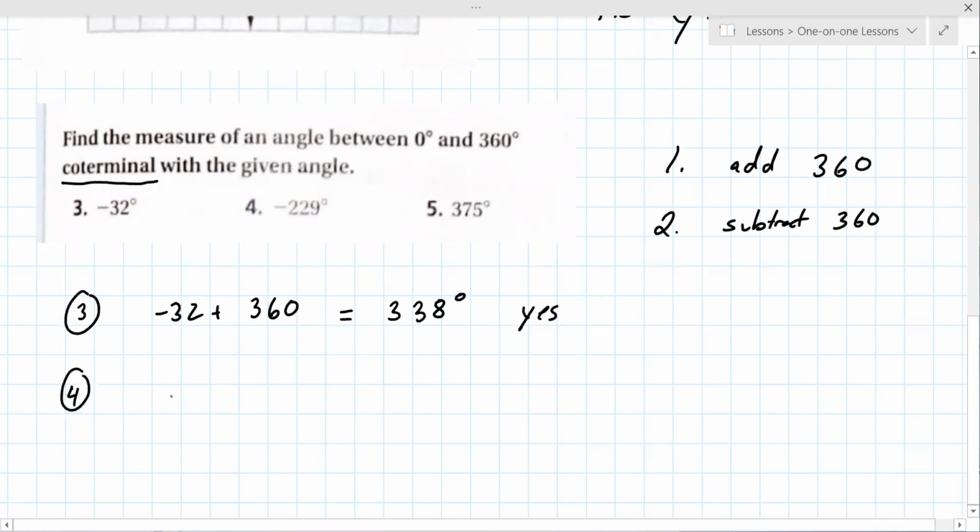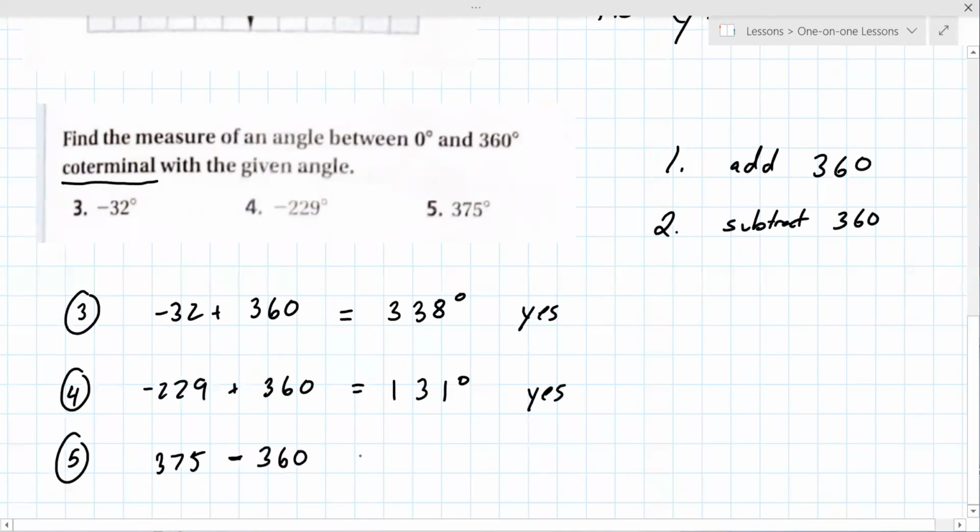Number 4 is the same deal. Minus 229. We need to add 360, and that gets you to 131 degrees. Yeah, that's good. Number 5, though, if you were to add 360, it would just get larger. It's already greater than 360, so you subtract 360, and that gets you down to 15 degrees.